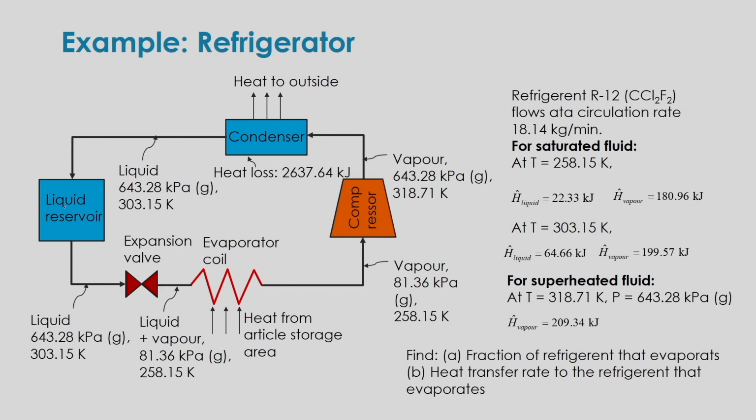From that reservoir, the refrigerant, such as R12, which is called carbon dichloride difluoride, is generally used. The refrigerant will be there as a liquid in the reservoir, and from there it is sent through the expansion valve, coming out at a pressure lower than that of the inlet stream of the expansion valve.